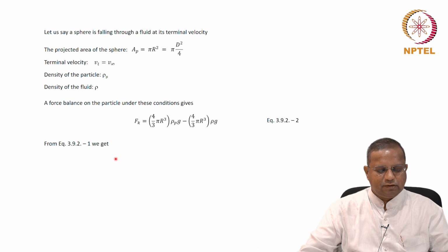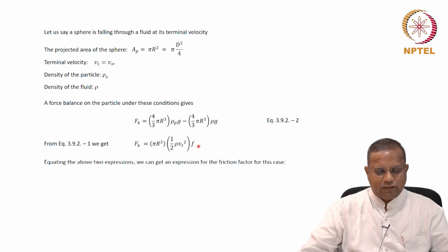And from 3.9.2-1, we get this expression for the kinematic force: the projected area pi r squared times half rho Vt squared times the friction factor. Therefore, the left hand sides are the same, so you can equate the right hand sides. If you equate the right hand sides, we get the friction factor, and simplify.